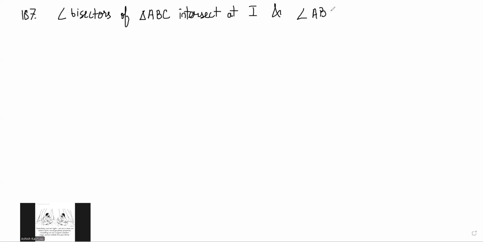187 is saying angle bisectors of triangle ABC intersect at I, and angle ABC is equal to 120 degrees.